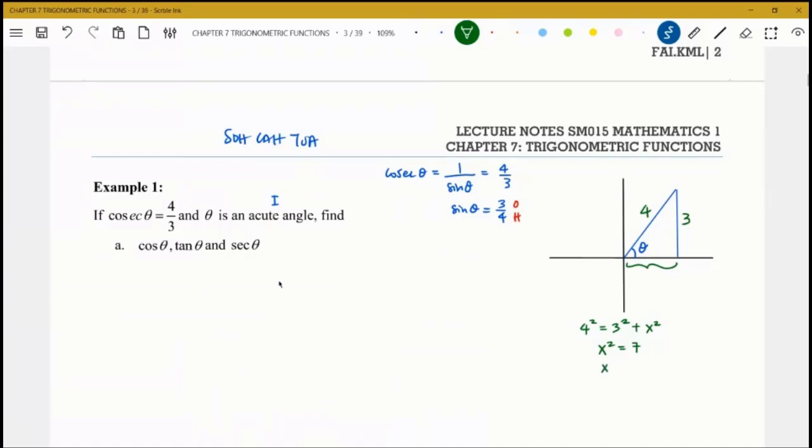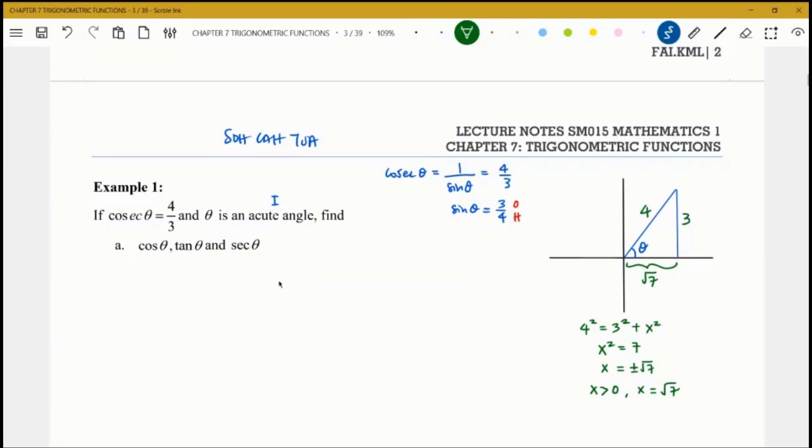So x will be plus minus square root 7. But then it lies on the right hand side, so your x should be more than 0. So x should be positive square root 7. So di sini adalah square root 7. Okay, so that's for finding the side untuk triangle.